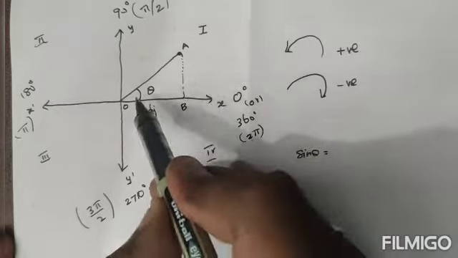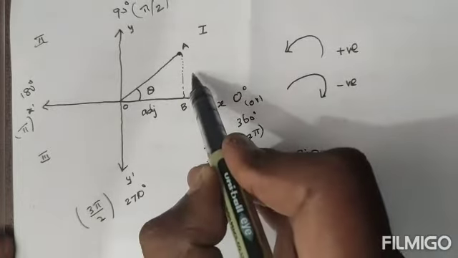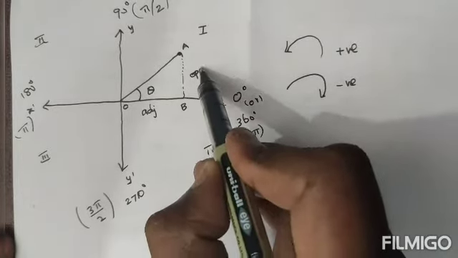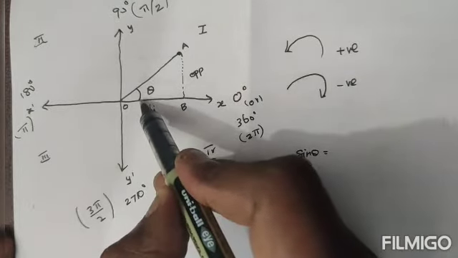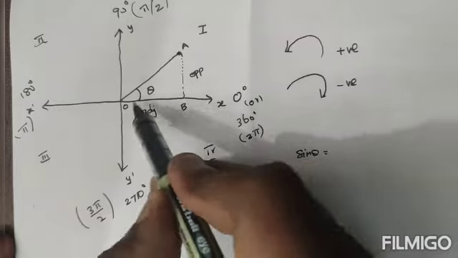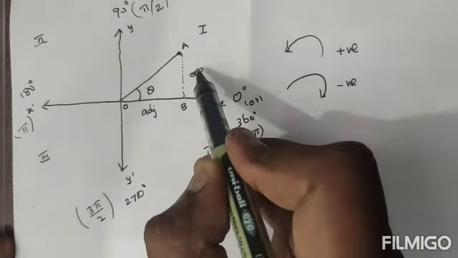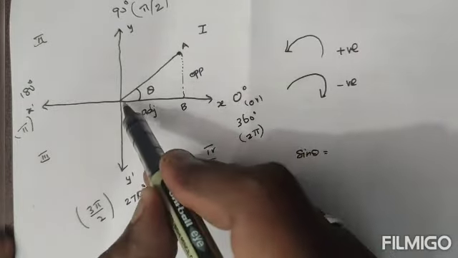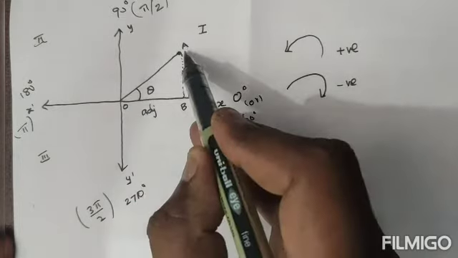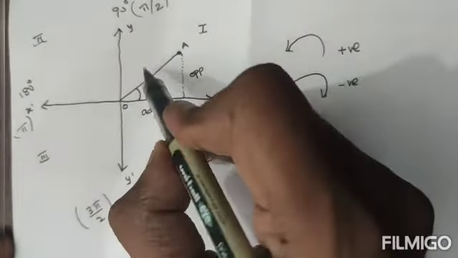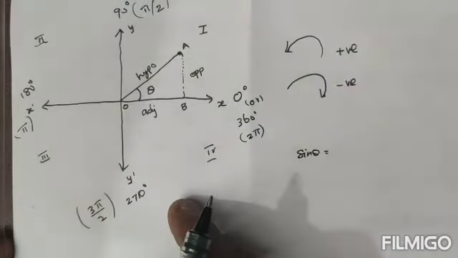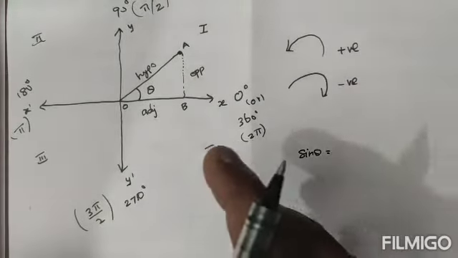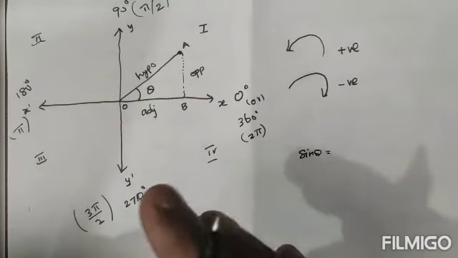Then this AB is opposite to this angle, so this is the opposite side. The side touching the angle along with the x-axis is adjacent. Opposite of this angle is the opposite. The line joining the adjacent and the opposite is called the hypotenuse. Okay, you already know this information.